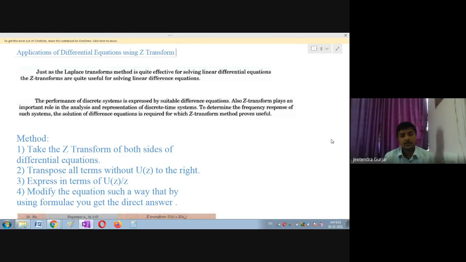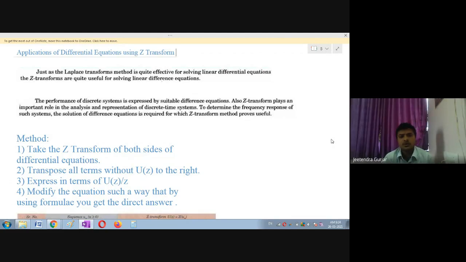We continued with the inverse Z transform in the previous lecture. We have seen how you can easily solve the examples when you know and practice partial fractions, which you are going to use in this. Keeping all this in mind, today we will see how we are going to simplify the applications of differential equations using Z transform, students.